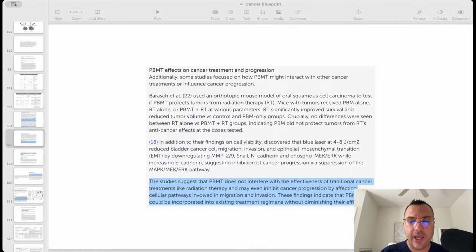Someone also asked, can red light therapy be beneficial alone without metabolic therapy? I mean, that's kind of what we've been talking about this entire video, right? This is looking at photobiomodulation basically in a vacuum. They're not using photobiomodulation in keto. They're not using photobiomodulation in fasting. They're not using photobiomodulation and HBOT or IV vitamin C or anything like that, or whatever other thing we use for metabolic therapy.